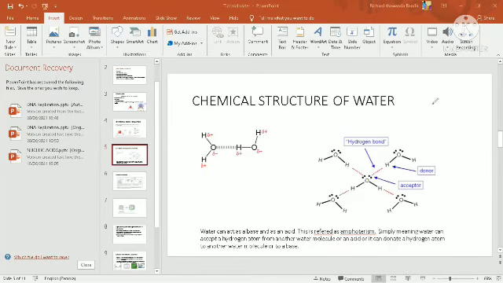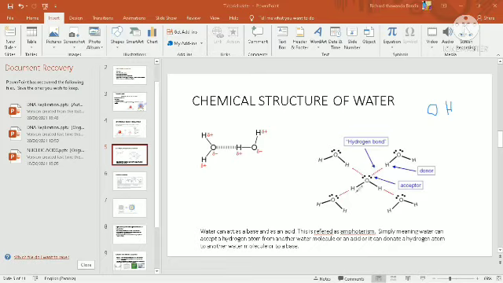the water molecule can also act as an acid, where it can donate a hydrogen atom, like in the example that we had earlier given.